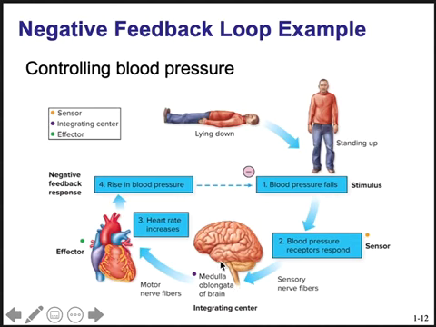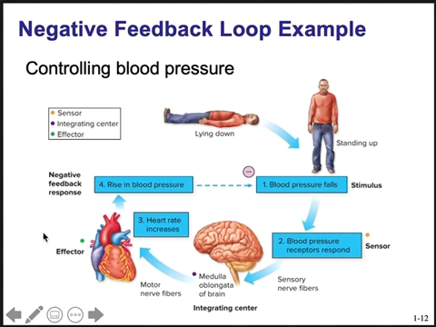Okay, now the integrating center decides what needs to be done, and it's going to use the efferent pathway to tell the effector what to do. And this will be motor nerve fibers to tell the heart rate to increase. Okay, so this is a really nice example because you have a different sensor, integrating center, and effector.